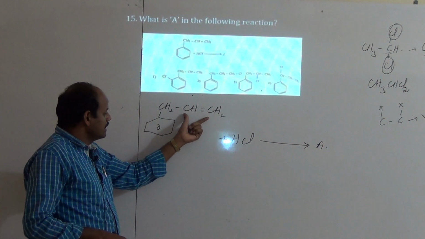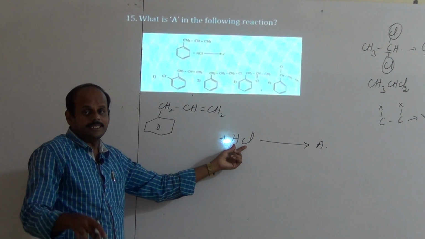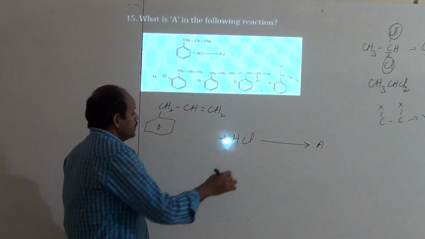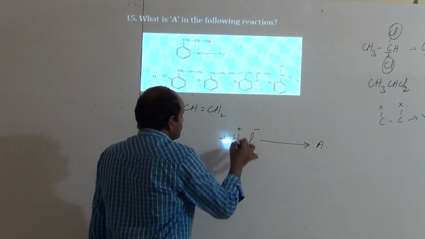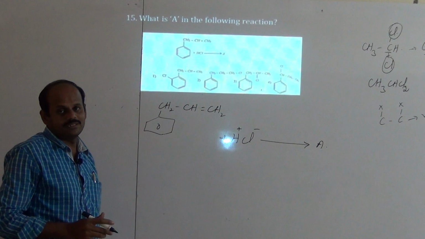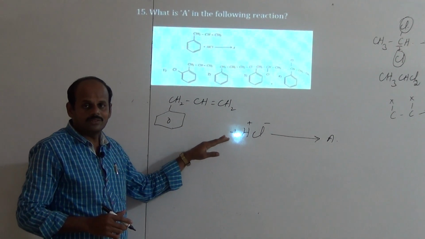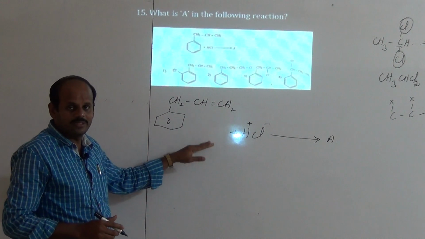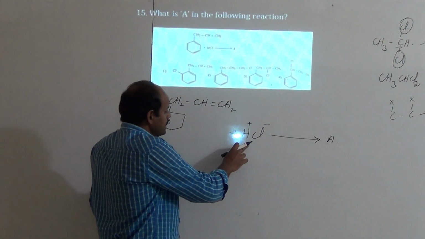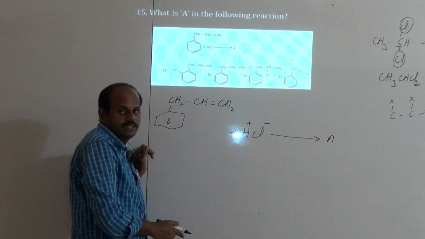When an unsymmetrical alkene reacts with a hydrohalic acid like HCl or HBr or HI, then the negative part of the reagent attacks the carbon atom with fewer hydrogens. That rule is called Markovnikov's rule. What is that rule? Markovnikov's rule. That is the statement, no. Thus this reagent dissociates as H plus and Cl minus.